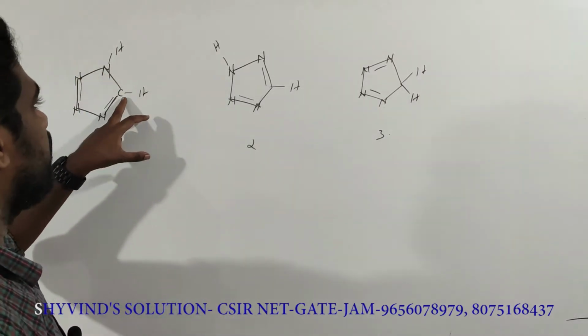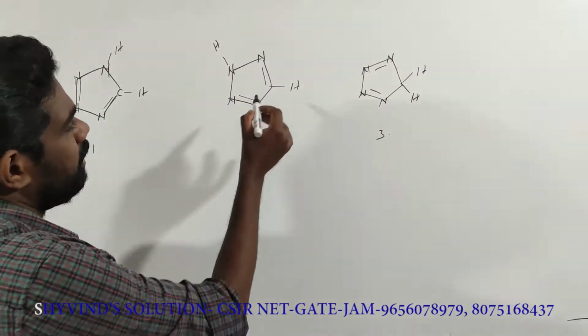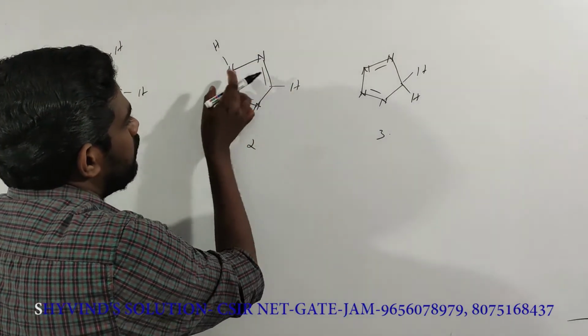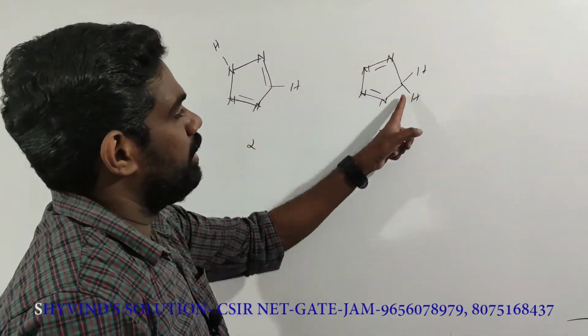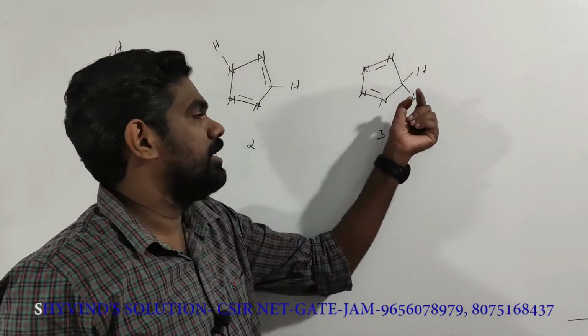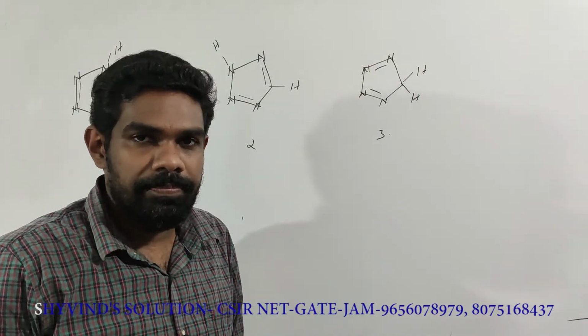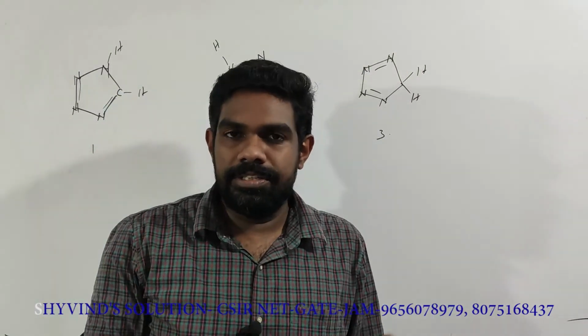One is on carbon and another one is on nitrogen. Here this hydrogen is on carbon and this hydrogen is not on the nearby carbon, it is at the second position. In this structure you can see both hydrogens are on the same carbon. So we can't say these are resonance structures.